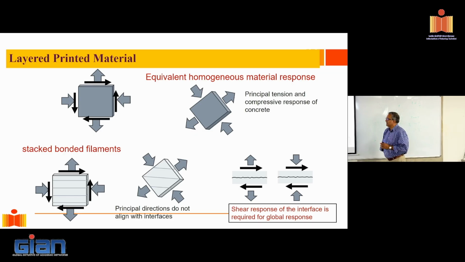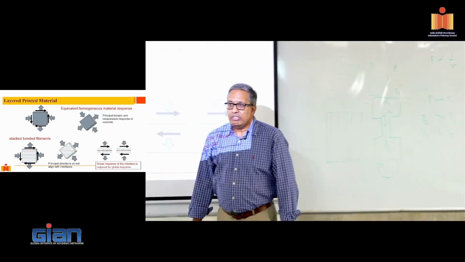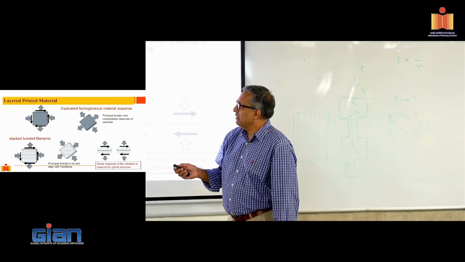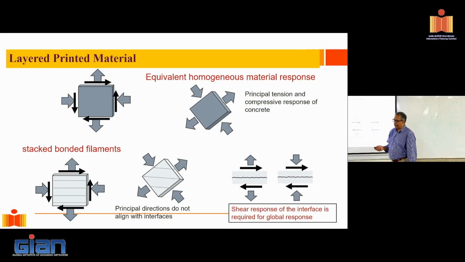Now, this is the key slide. If I have a general state of stress in a material, which is basically a biaxial state of stress, and we also have shear applied on it, how do we handle this? When we deal with concrete, concrete doesn't understand shear. Concrete only understands two things, compression and tension, right? So what do we do if I take a general state of stress? We convert it to principal stresses, right?